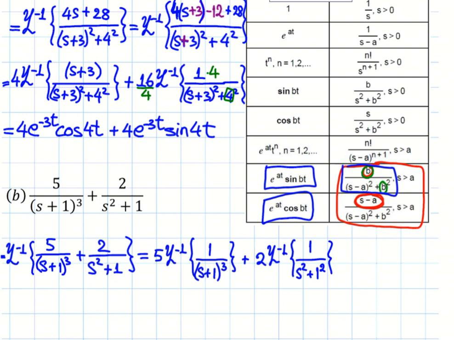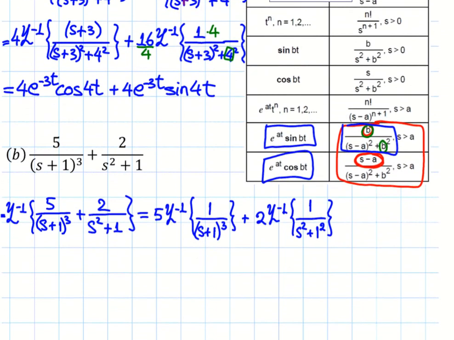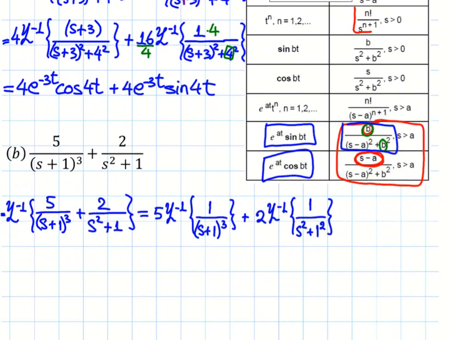Now we'll take a look at the table of the Laplace transform. What we see is that we have n factorial over s to the n plus 1. So in this case, the 3 here is going to be 2 plus 1, so n is going to be 2. Sorry, not that formula, I mean this formula here.